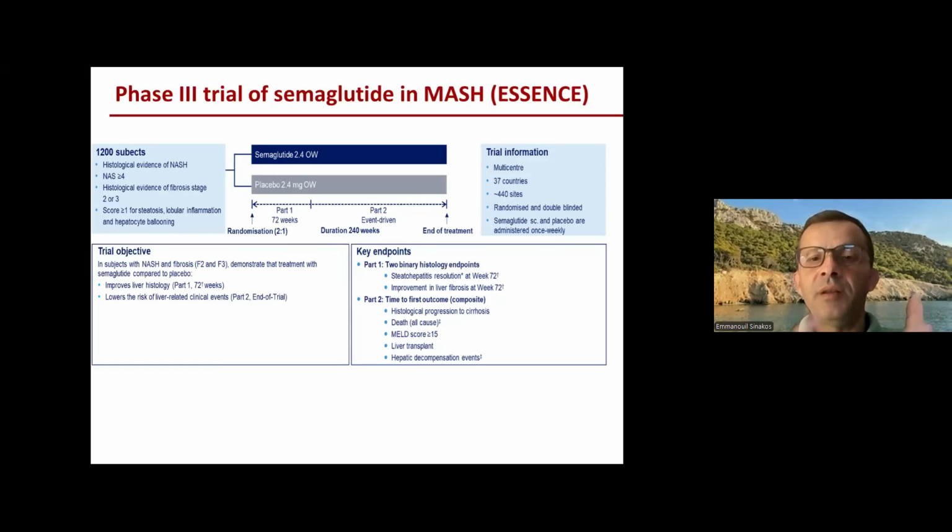They are divided in 2 parts. The first part is pretty straightforward. As I already said, we have to show that there is improvement in inflammation and fibrosis. The second part is per FDA's regulations, and the drug has to show that it decreases the hepatic associated outcomes in 3 to 5 years.